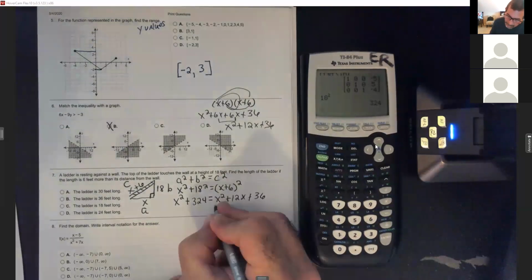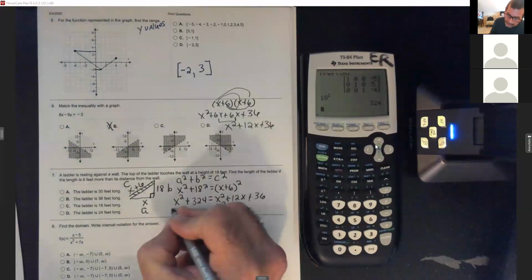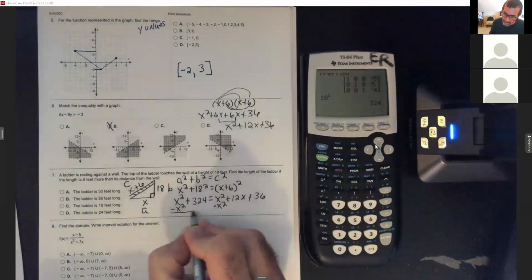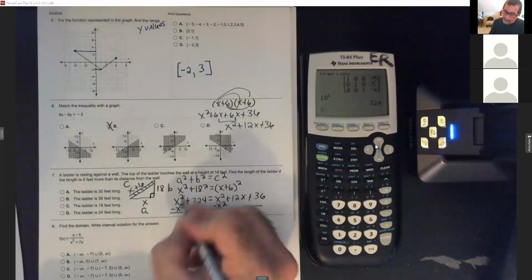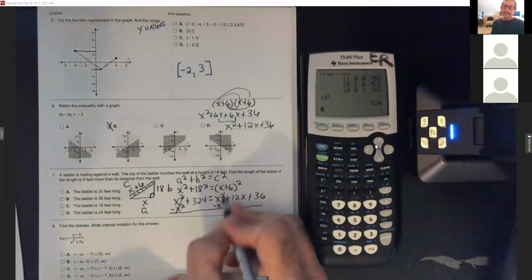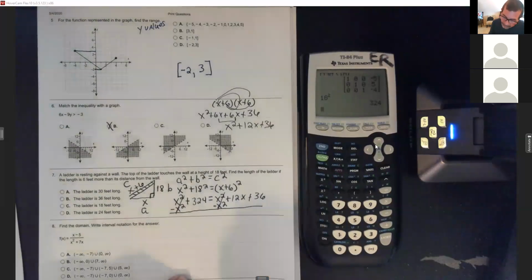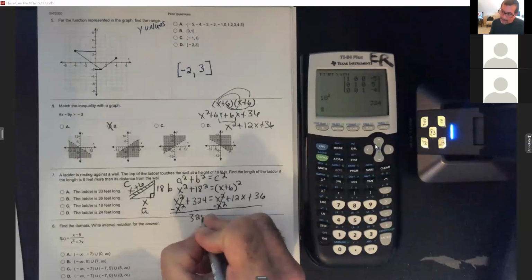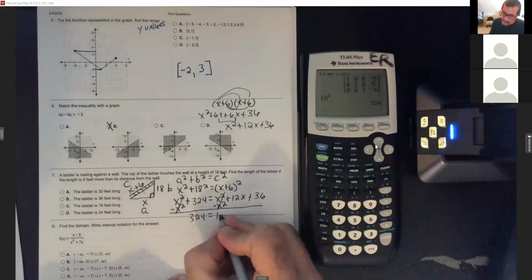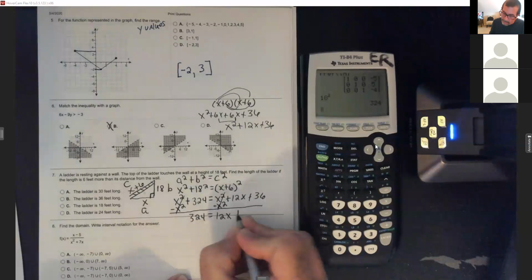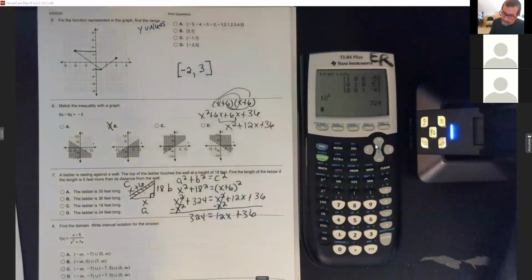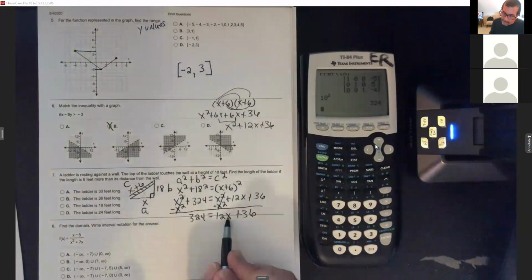All right, so I got these X squared terms, so technically I need everything on one side equal to 0. So I'm going to subtract an X squared term and move it over, but look, those cancel and those cancel. So we get 324 is going to equal the 12X plus 36. So notice what happened. The X squared terms are gone, so all we're going to do now is solve it for the X. So subtract our 36.